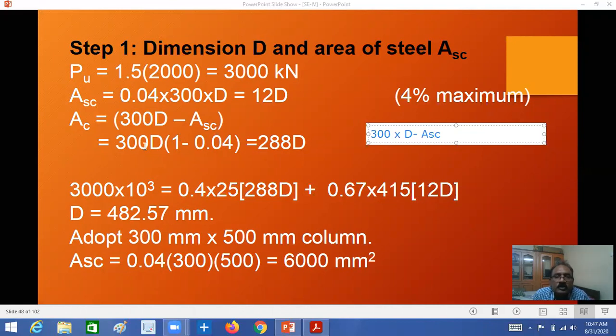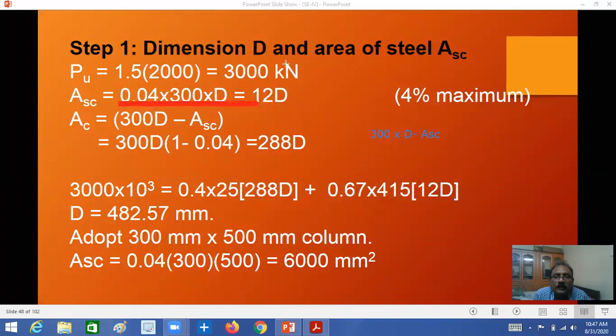In that we substitute for Asc from this equation, 0.04 into 300 into D, that is 12D, and the area of concrete is here, 288D.